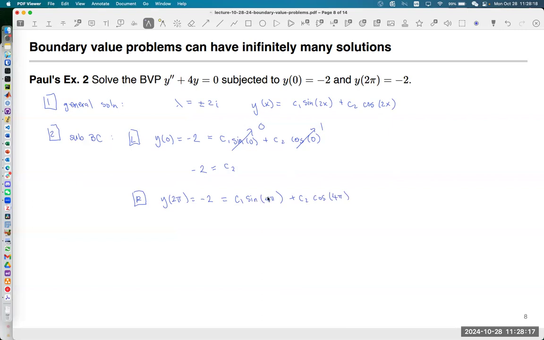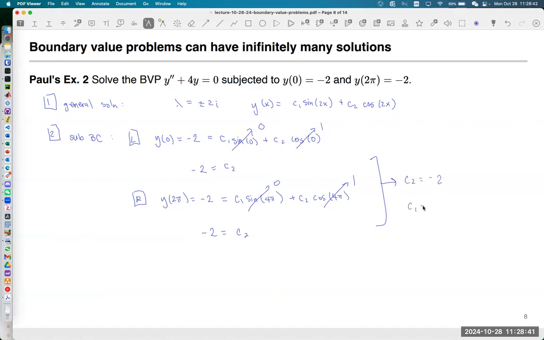Okay, and then sine of 4 pi is equal to 0. Cosine of 4 pi, I believe, is equal to 1. So we have -2 is equal to c2. And if we look at what we found from these two boundary conditions, they all tell us the same thing, that c2 is equal to -2.